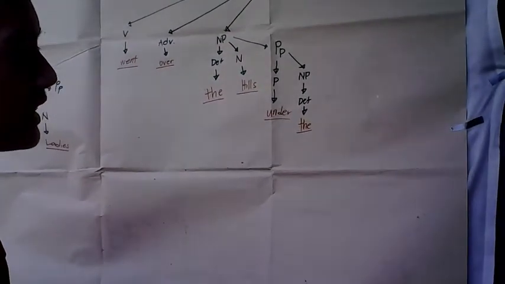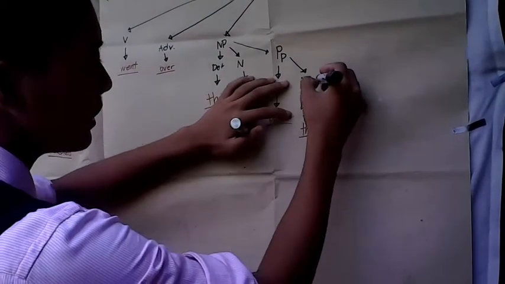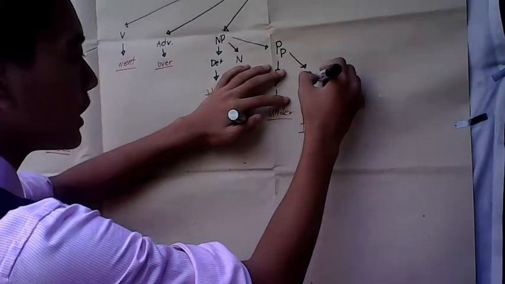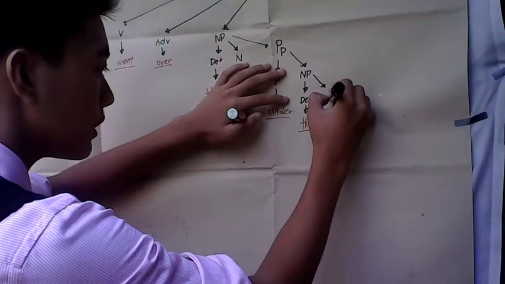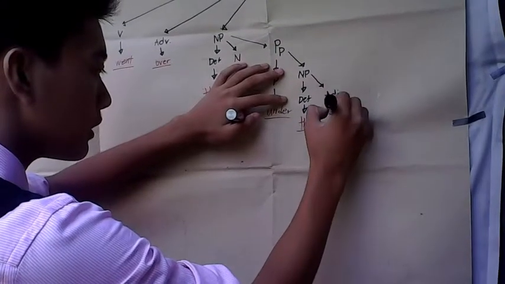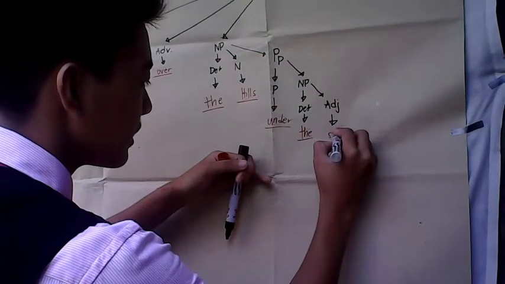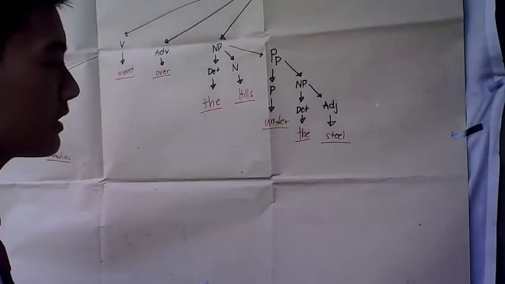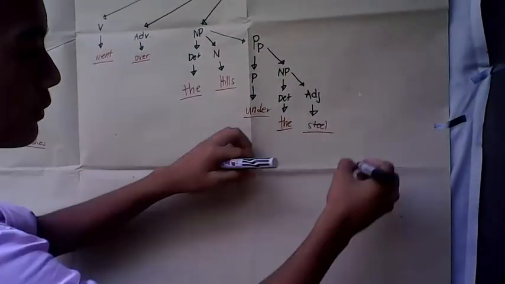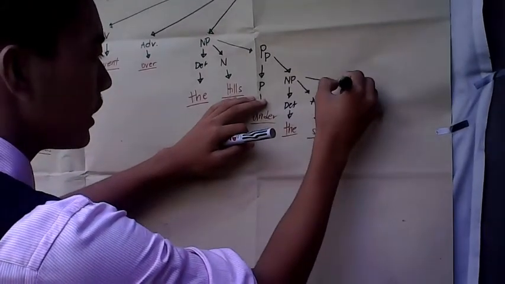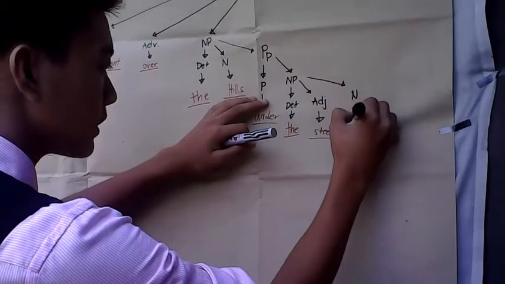Adjective is the word steel. We will simply connect it to the noun phrase. The next word is a noun, bridge. We will connect it simply to the noun phrase.